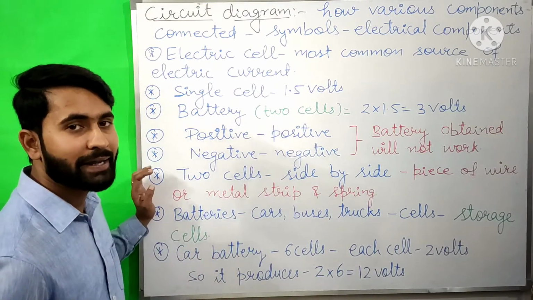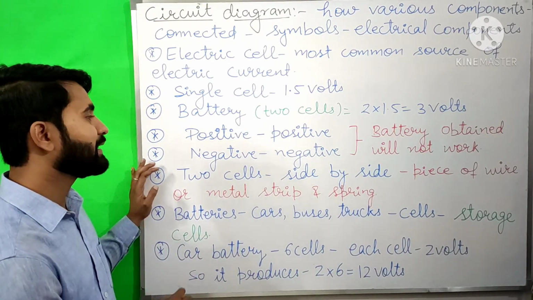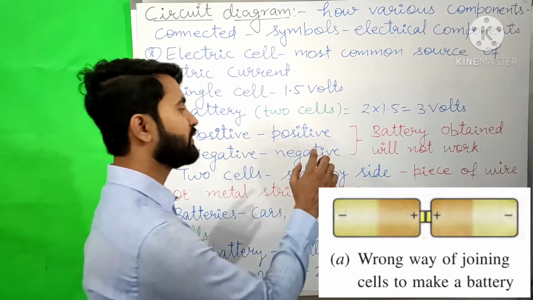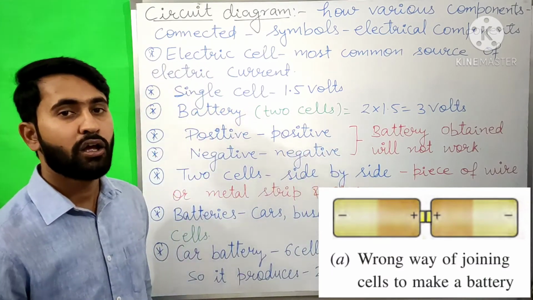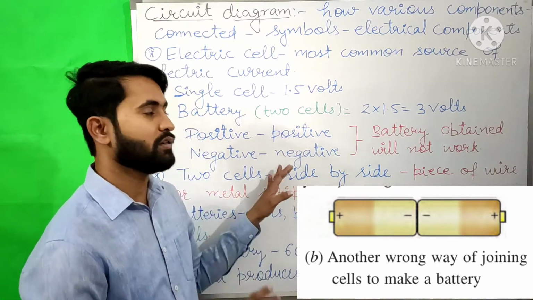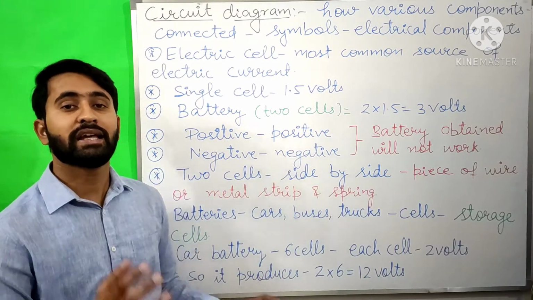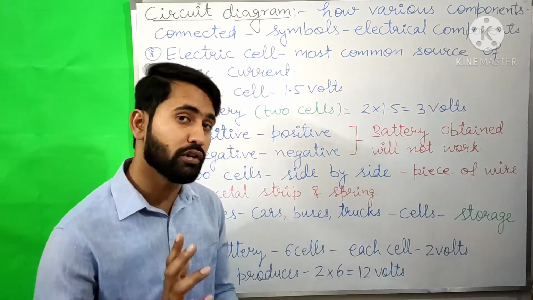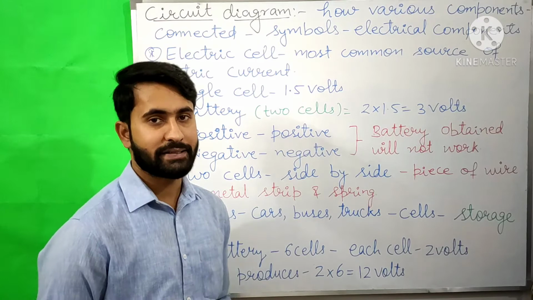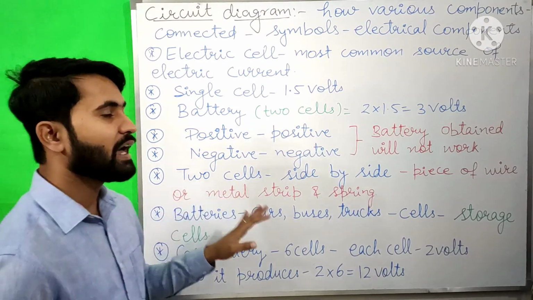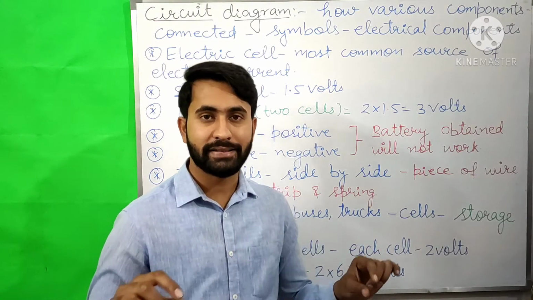If we combine two cells by keeping the positive terminal of one cell with the positive terminal of the other cell, or the negative terminal of one cell with the negative terminal of the other cell, then in that case the battery obtained will not work. In many appliances like the TV remote, the two cells are not kept in a single line.